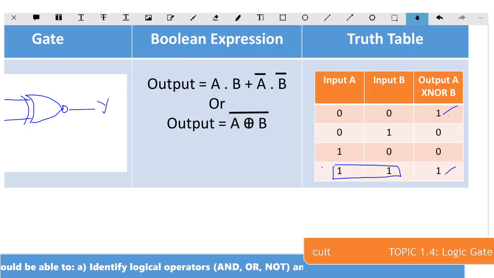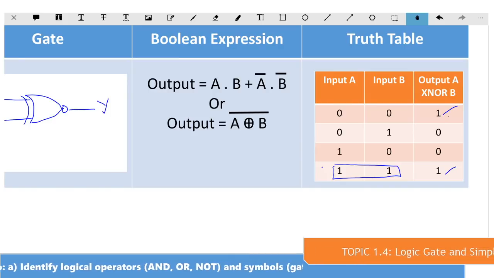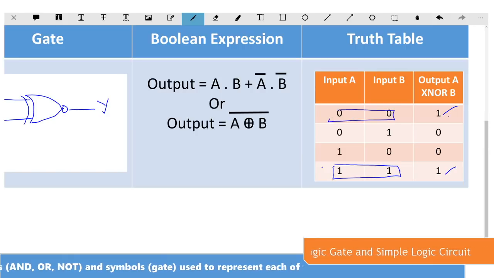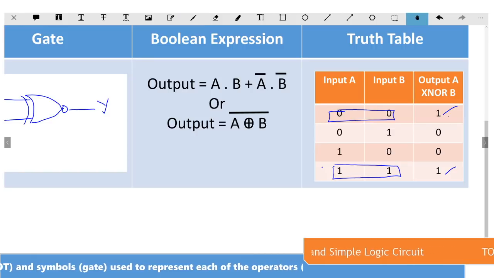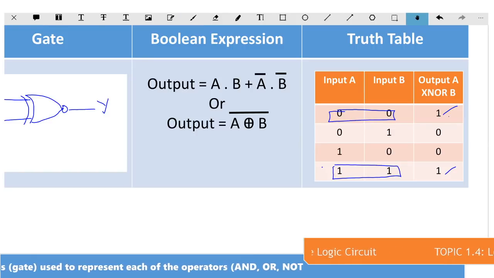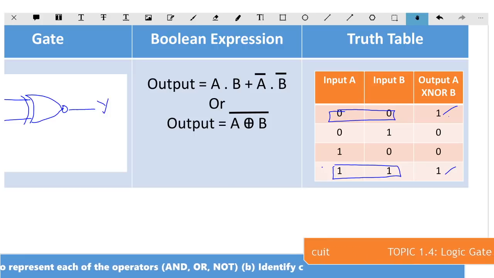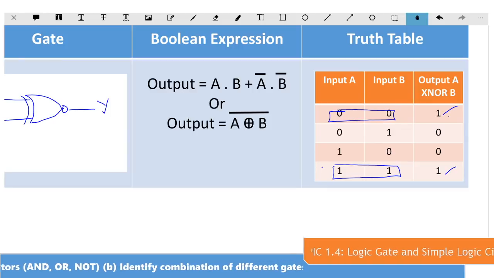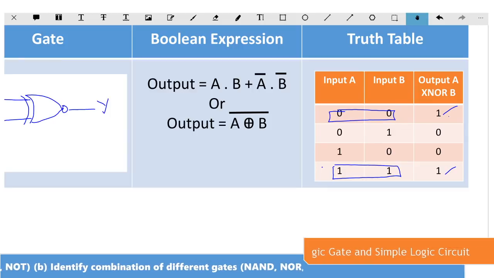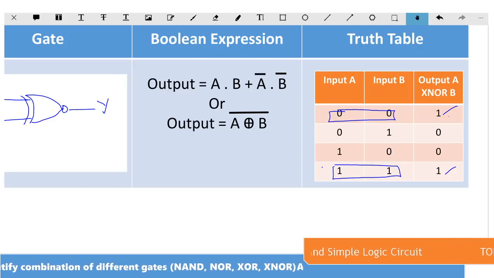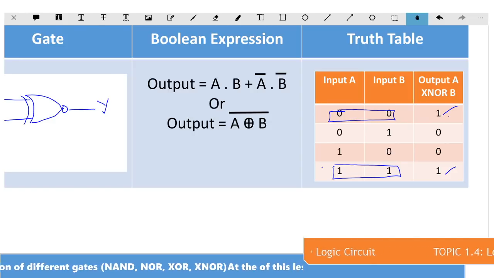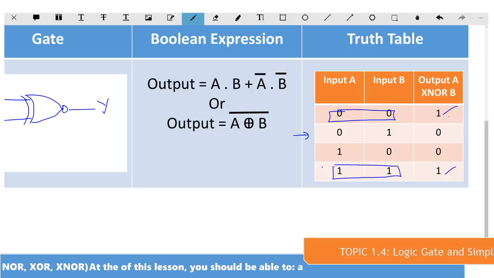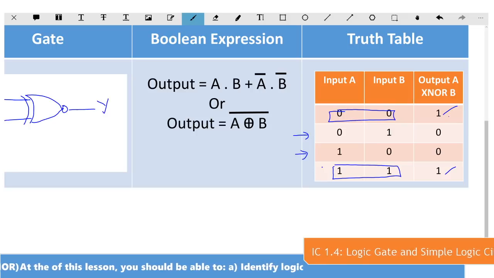And in the first row, inputs A and B are false. So both produce a true output. If some of its inputs are true and others are false, then the output of the exclusive NOR gate is false, like row 2 and row number 3.